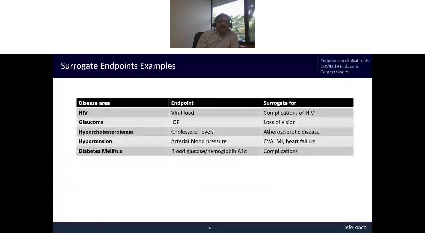Now, these are some of the examples. Right now, there are actually 70 disease areas where a surrogate endpoint is acceptable to the FDA, and I have pointed to 4 of these here.